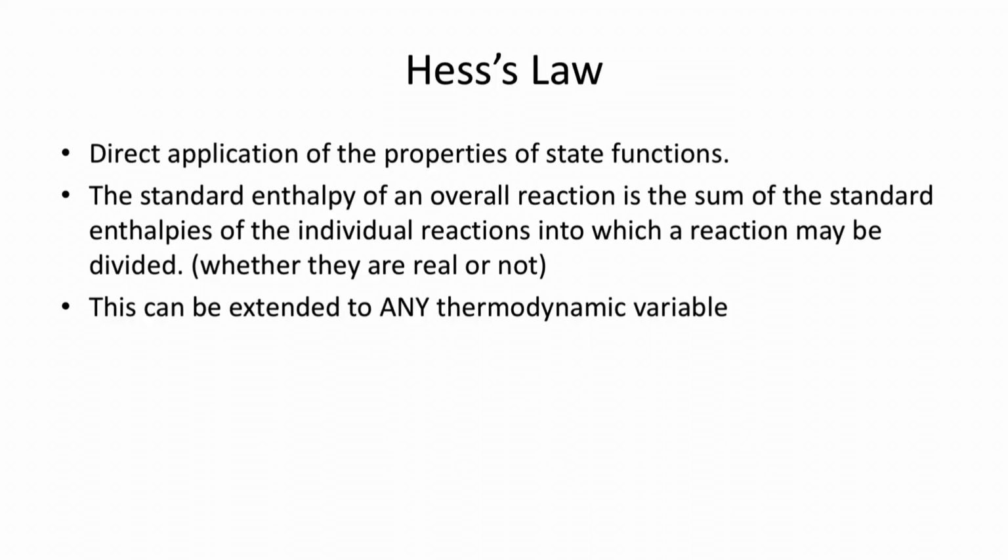So now let me show you something called Hess's law. Hess's law is a direct consequence of the fact that these variables are state functions. Because it's a state function, it doesn't really matter how I go from A to B. All that matters is where A is and where B is.